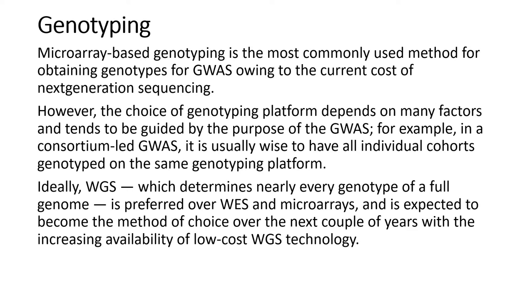Ideally WGS, what is WGS? Whole genome sequencing, which determines nearly every genotype of a full genome, is preferred over WES and microarray. It is expected to become the method of choice over the next couple of years with the increasing availability of low-cost WGS technologies.